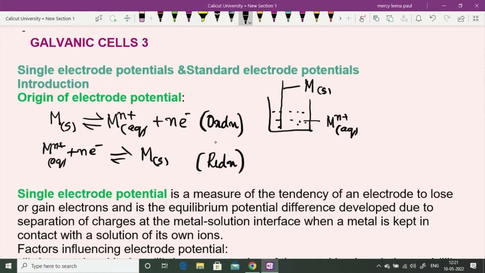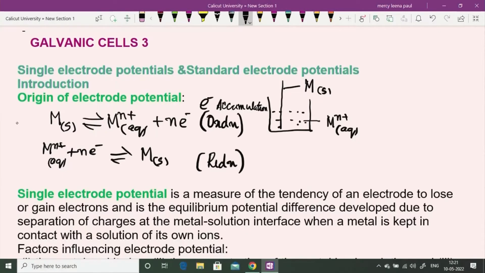When we consider these two separately, in the first case the metal is getting converted into metal ions, there will be accumulation of electrons. When electrons accumulate, the electrode becomes negatively charged. This is not connected with the anode or cathode; there will be an accumulation of electrons and therefore the polarity of the electrode will be negative.